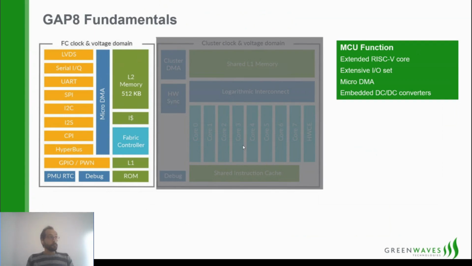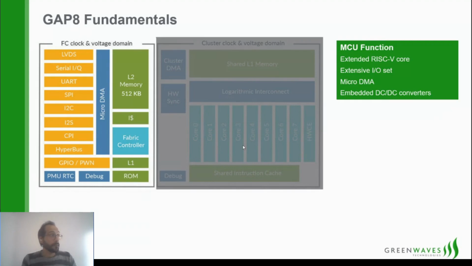So we have a first part of the chip which we call the fabric controller, which is mostly like an MCU. We have one core, which is a RISC-V core.